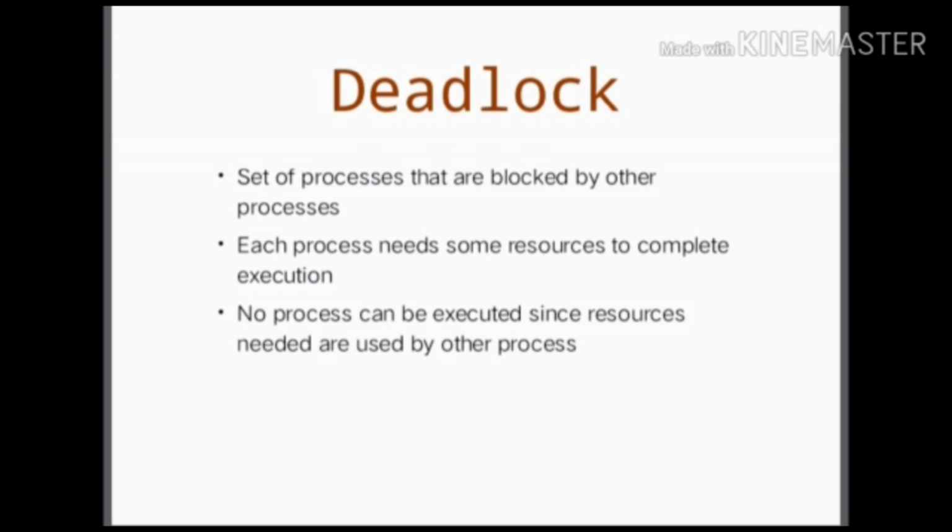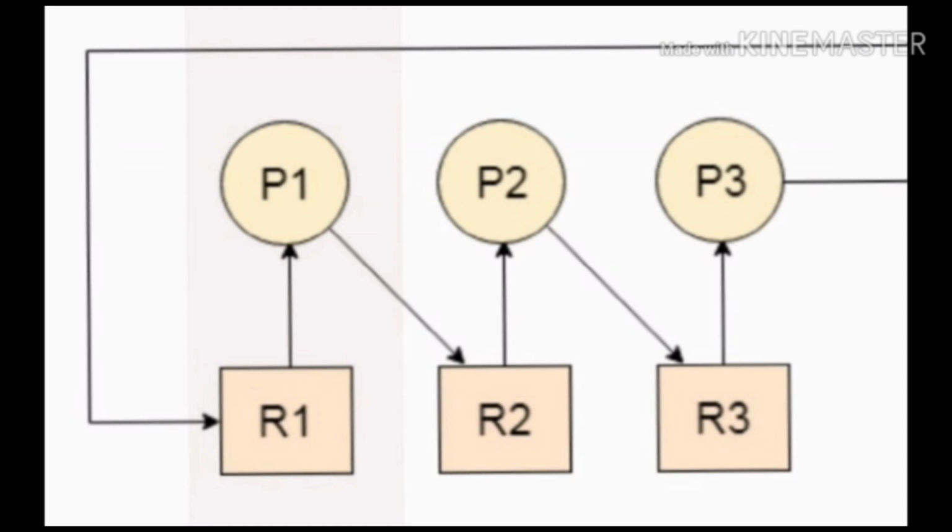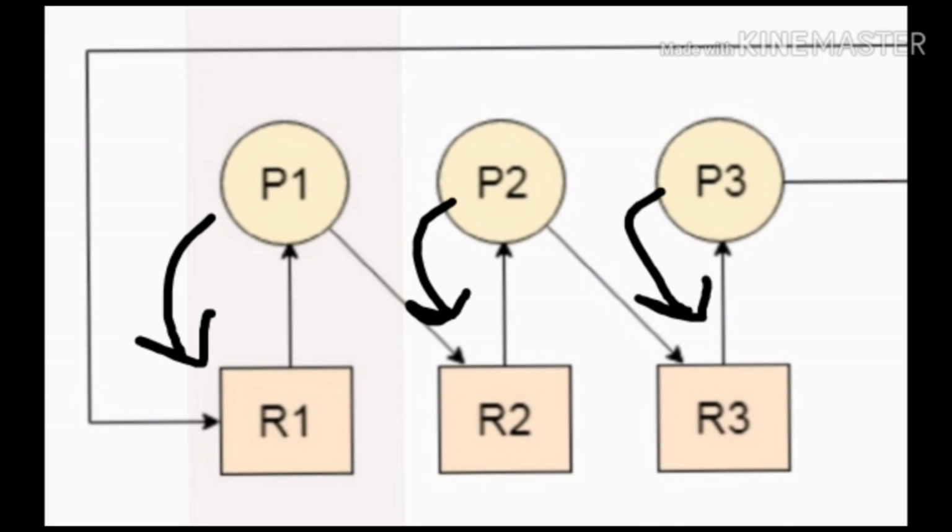For example, there are three processes P1, P2, P3, and there are three resources R1, R2, R3. P1 is assigned to R1, P2 is assigned to R2, and P3 is assigned to R3. After some time, P1 demands R2, which is being used by P2. So P1 stops its execution since it needs R2.